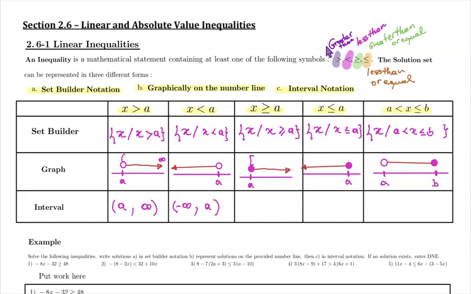And then when the circle is closed, the parenthesis of the less than or equal scenario would be replaced by a bracket. That's the only difference.